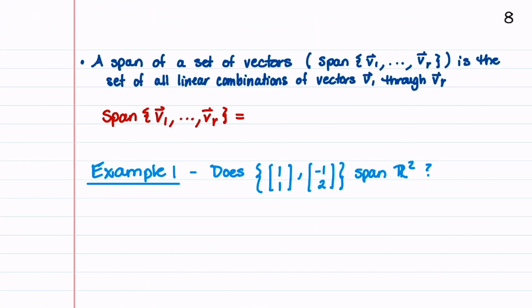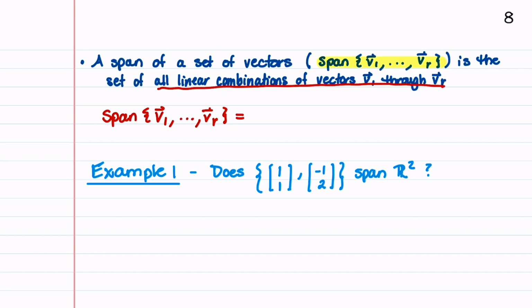Let's now talk about the span of a set of vectors. The span of a set of vectors is written like this: the span of V1 to VR. It is the set of all linear combinations of V1 through VR.